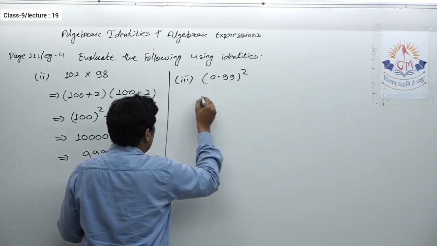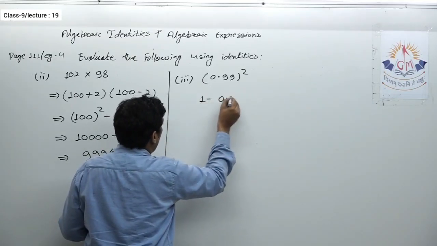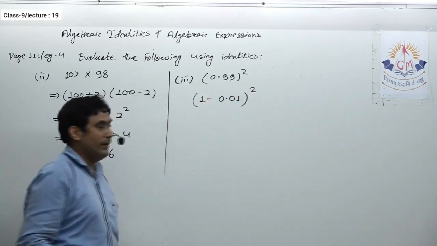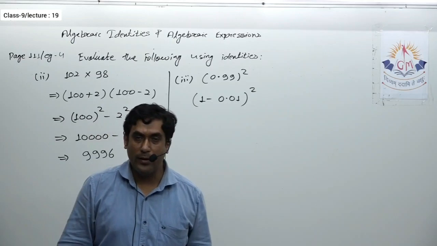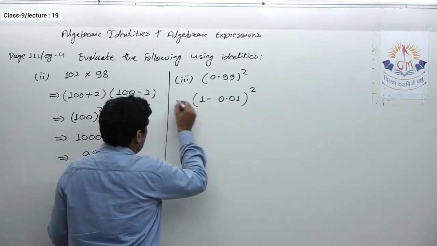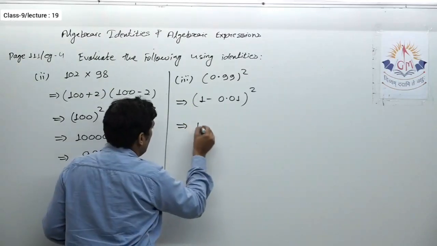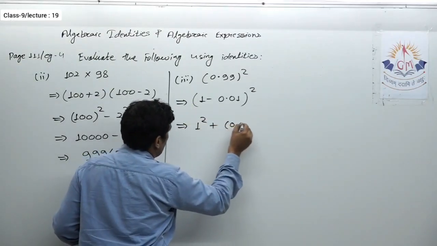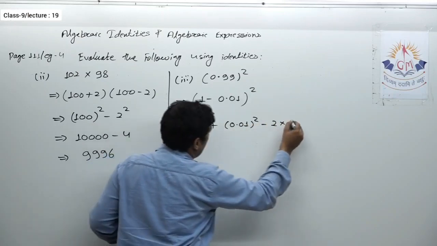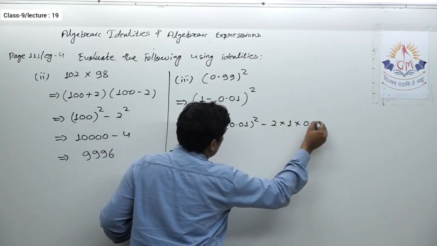So this I can write as 1 minus 0.01 whole square. Definitely, which identity can we apply? a square plus b square minus 2ab. So, a square plus b square minus 2 into a into b.